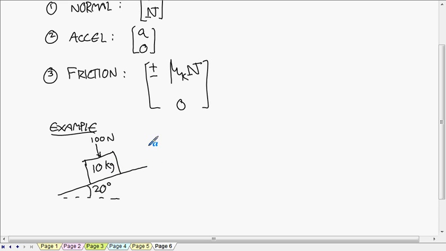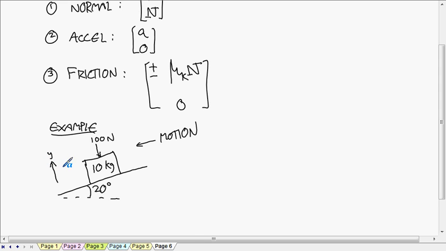And let's say that the box is sliding down the incline at the instant that we're calculating. Okay, so that's the direction of motion. In the rotated coordinate system, which way is the positive x-axis going to go? Up or down the incline? Up, yep.